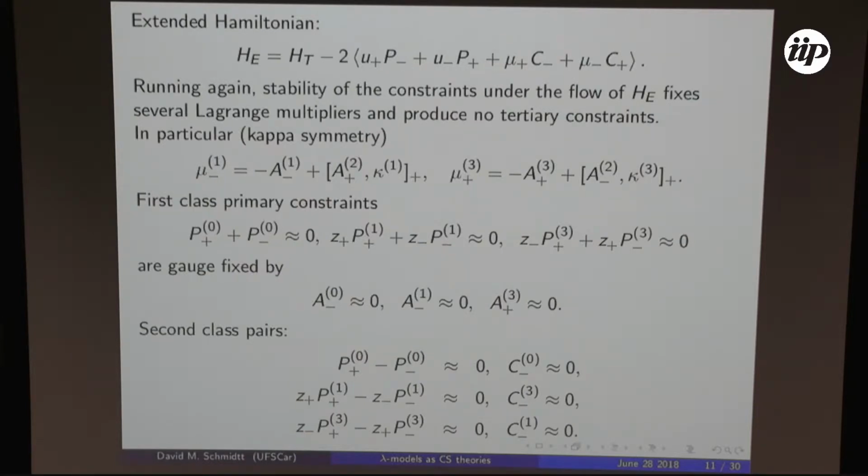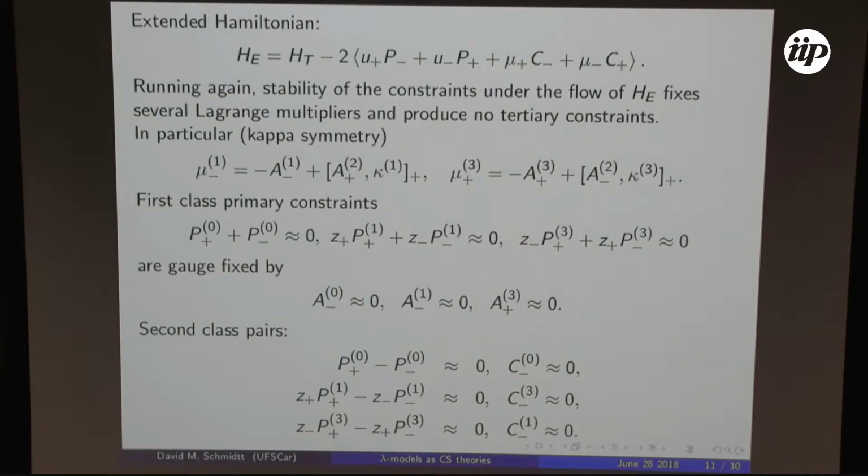The first class primary constraints are those presented there. They only depend on P, obviously, and we can gauge fix them by making these choices. In this way, I can kill the currents A plus 3 and A minus 1. This is equivalent to the partial gauge fixing done by Grigoriev and Tseytlin in the parametric reduction. So we still have kappa symmetry left.